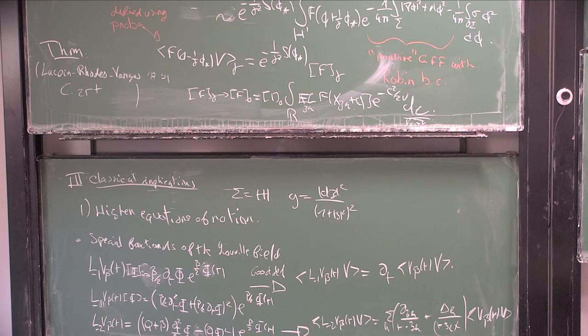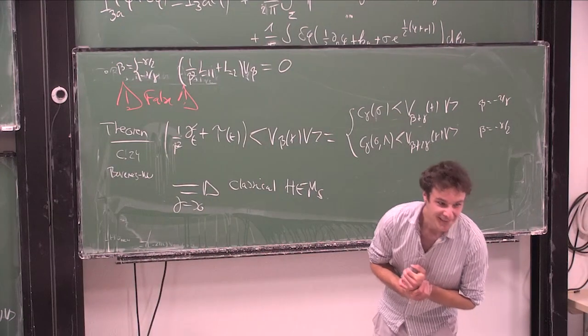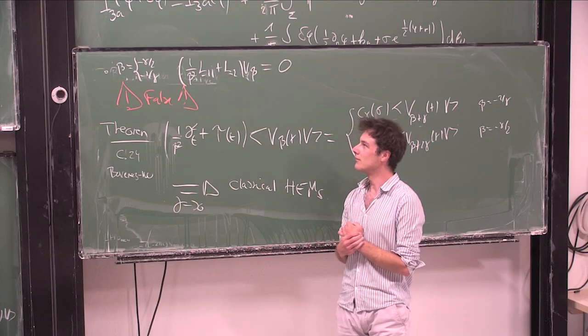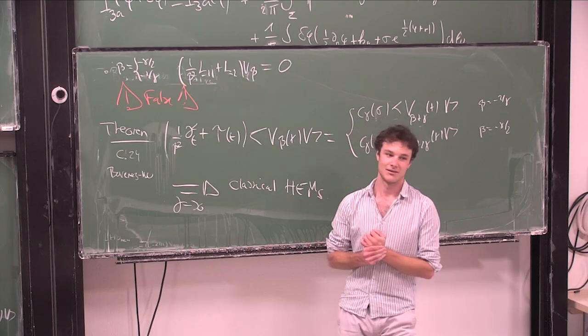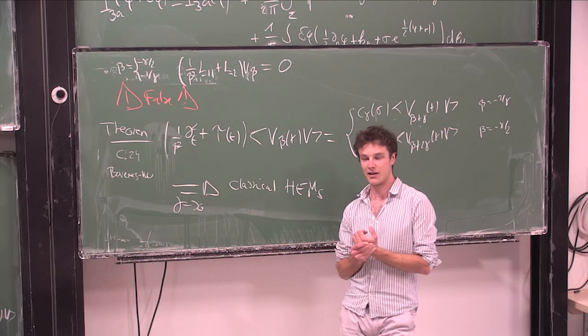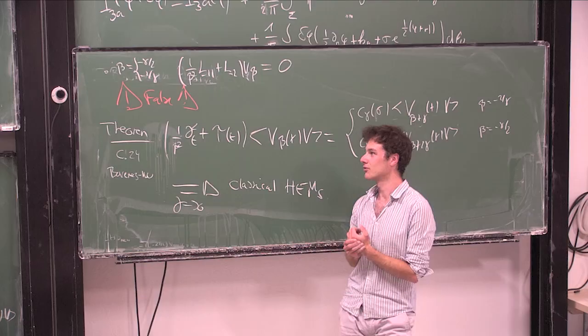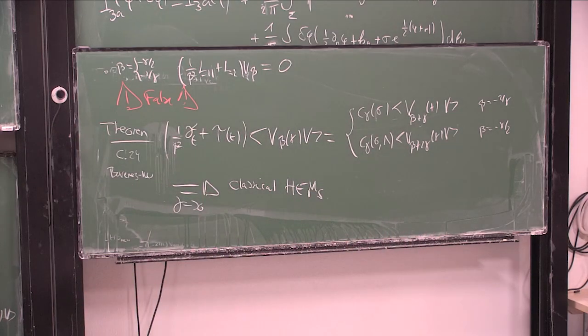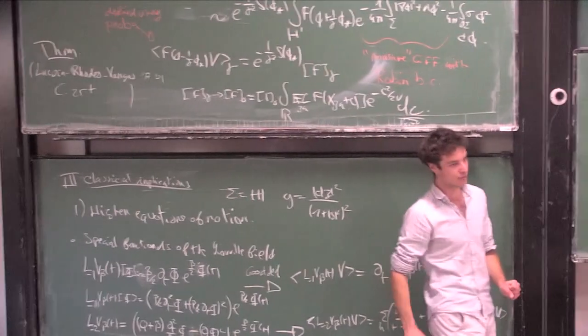Questions? Can you get some logarithms out of this? Some logarithm? I guess if you want to get a logarithm, what you need to do, so here I've assumed the weight. At the beginning I made this assumption that a was greater than -1.